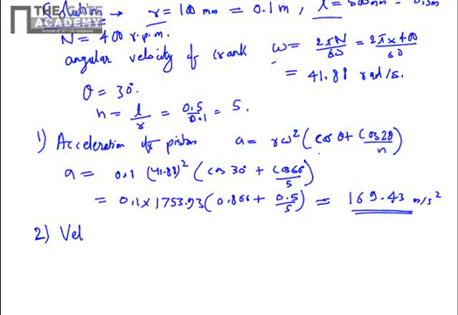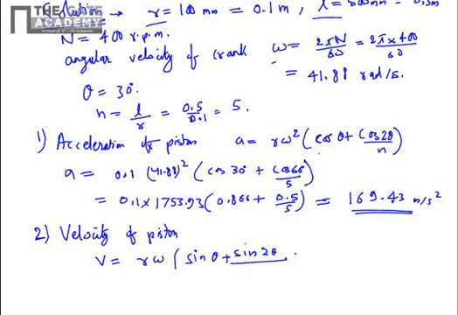Now the velocity of the piston, the second part. Velocity of piston was given by the formula, the exact expression: R omega sine theta plus sine 2 theta divided by 2 square root of n square minus sine square theta. So in this expression we will substitute our values.